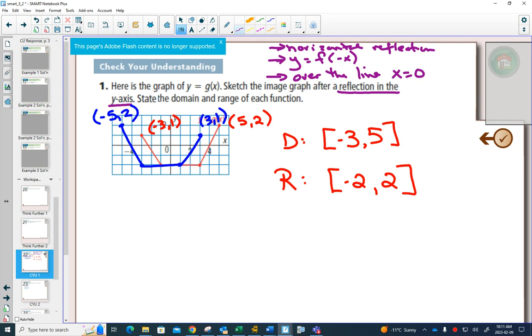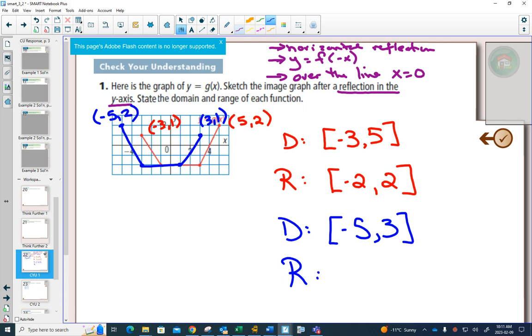For the blue graph, is there a smallest x value now? The smallest x value is minus 5, and the biggest x value is positive 3.